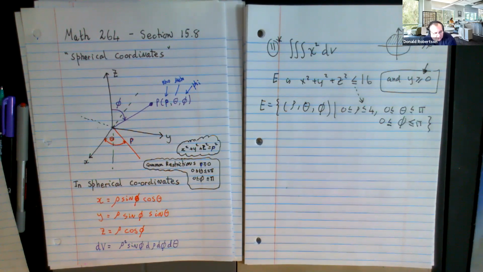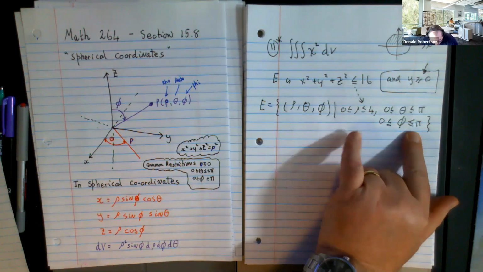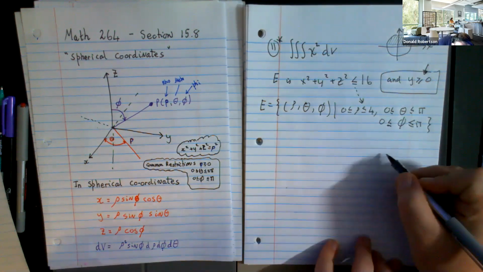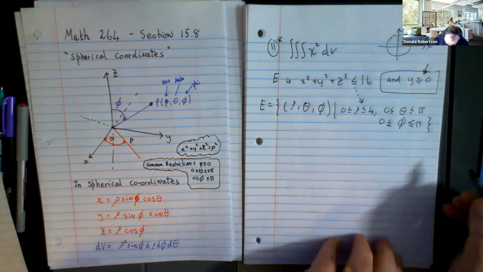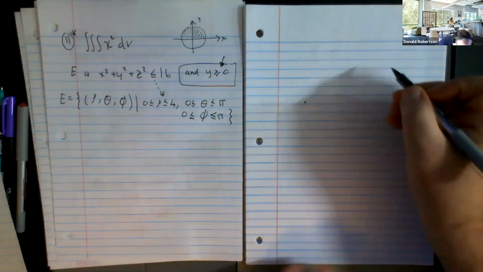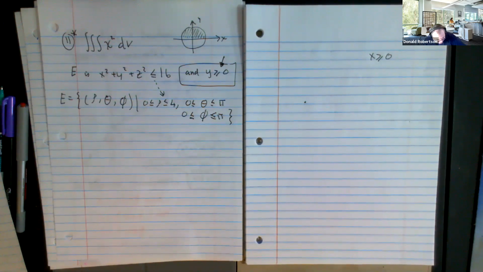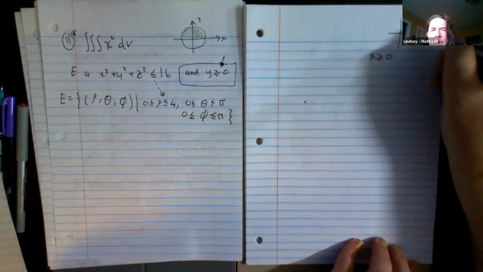Everything else was being left alone. If you don't do anything to it, then give them their standard values. If you restrict something, in this case, you did that. Suppose I changed it. Instead of y greater than 0, suppose I had said x greater than or equal to 0. Then, negative pi over 2 to pi over 2.